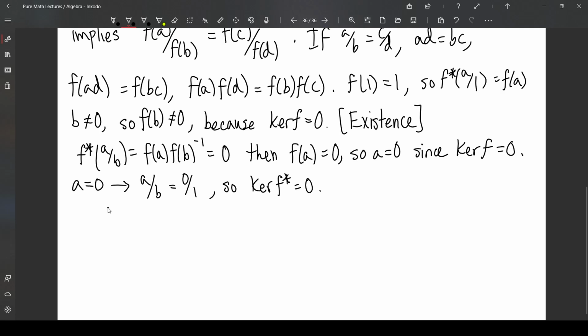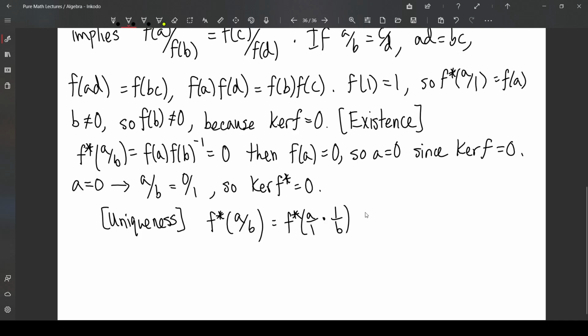Now we have to show uniqueness. Well, we know that if I take f star of A over B, then this is the same thing as f star of A over 1 times 1 over B. Since f star is a homomorphism, I can break this up.